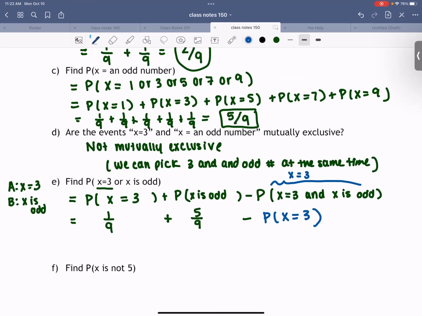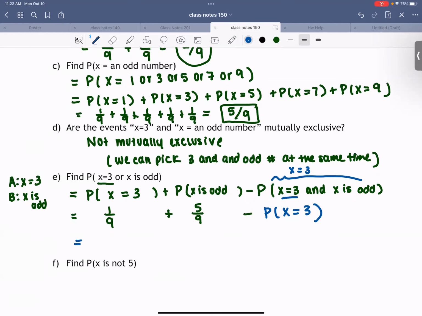It's basically saying the same thing twice. We know 3 is odd, so this is just the probability that x equals 3. Piecing this together, we have 1/9 plus 5/9 minus 1/9. Good. So that gives us 5/9.